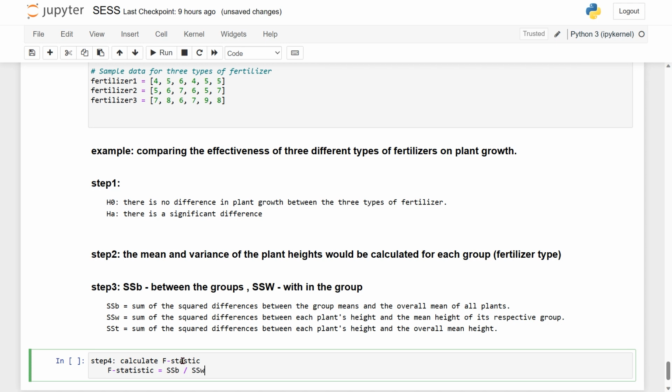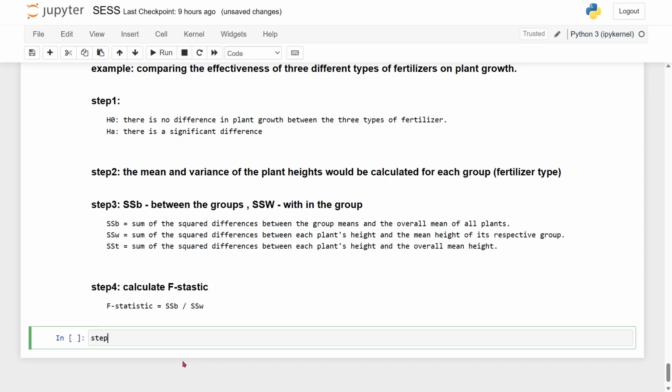So the F statistic is calculated by dividing the between group variance by the within group variance. Once you have this, it's time to calculate the p-value. Step 5 is to determine the p-value.